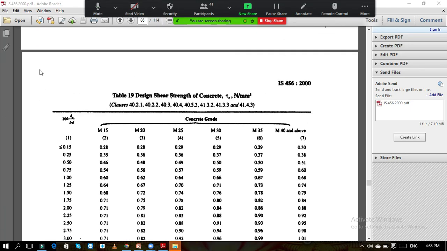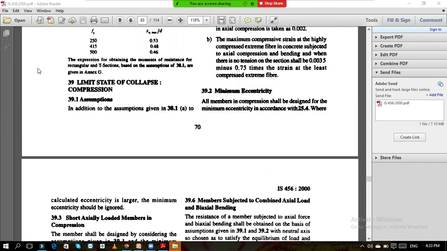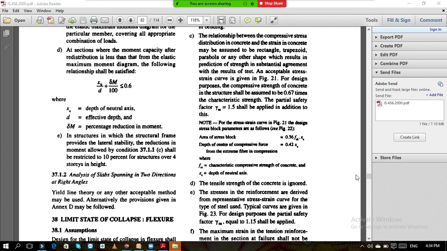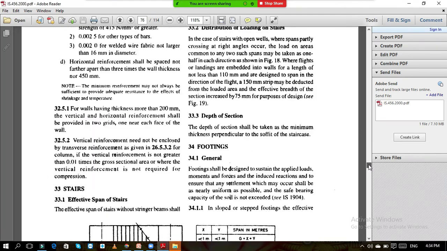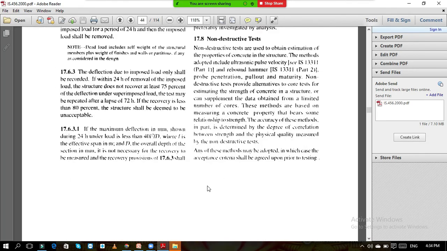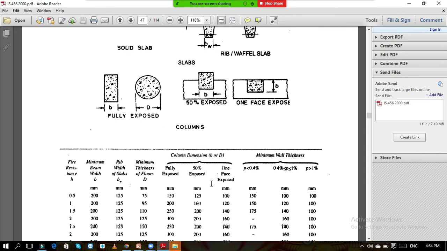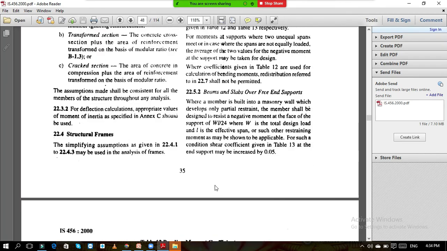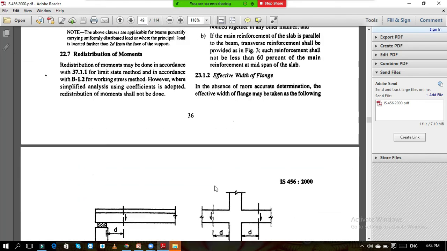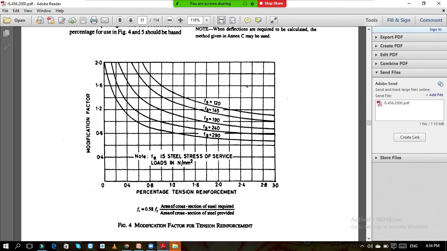Page number 35 or 36 something is there. Here. Okay.